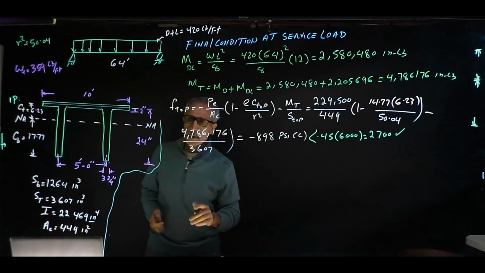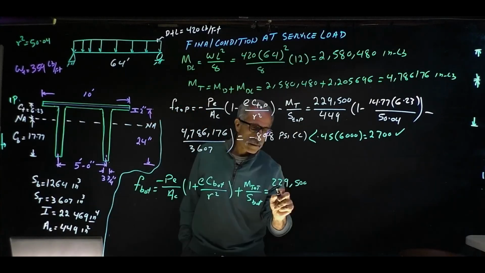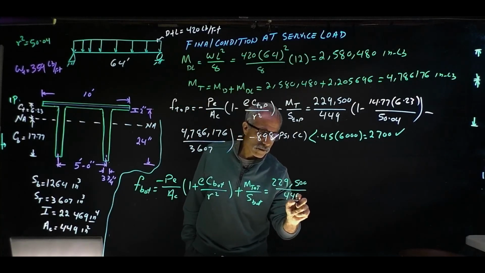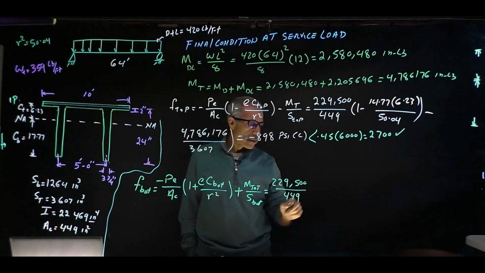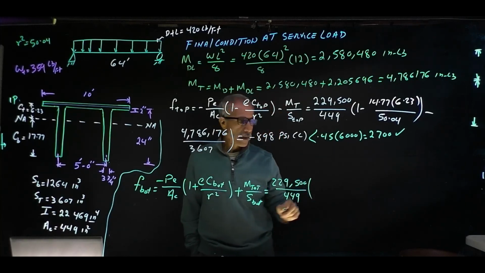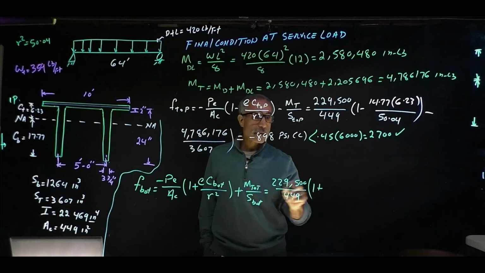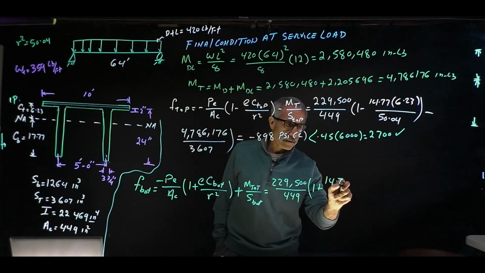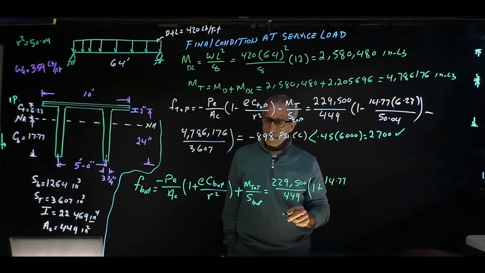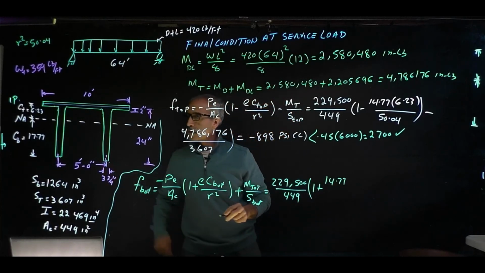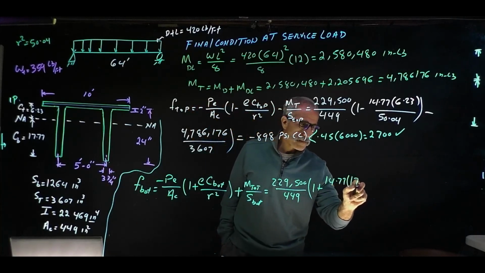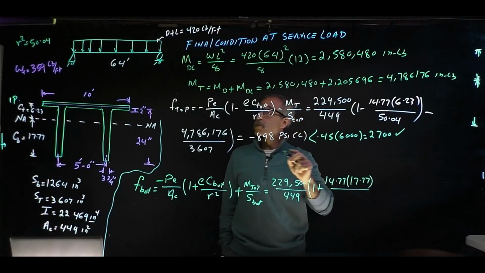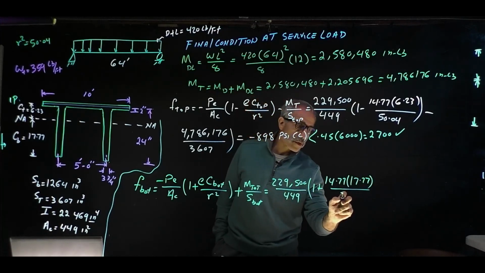We're going to go ahead and do the bottom. Times 1 plus E was 1477. C bottom came out to 1777. Divide that by our radius of gyration squared, 5004.